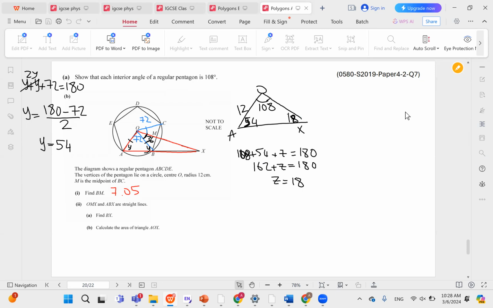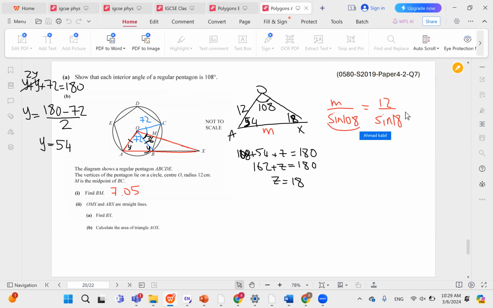So in order to get BX, let's first get side AX. So how would we be able to get side AX? Using the sine rule, of course. So if this is 108, let's call this side, for example, M. We can say that M over sine 108 equals 12 over sine 18.